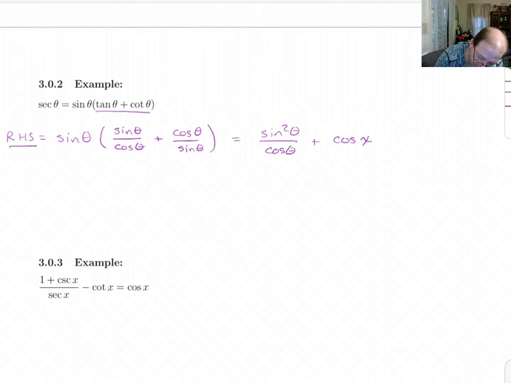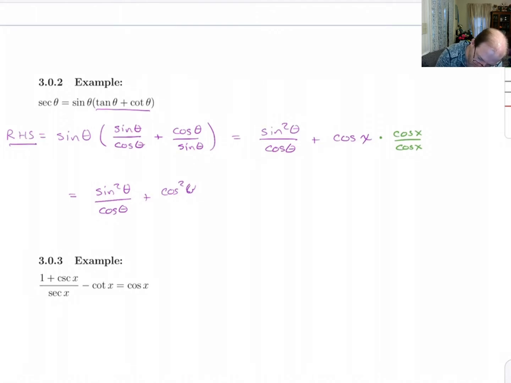So I'm going to multiply this side here by cosine over cosine. And so that gives me sine squared theta over cosine theta plus cosine squared theta over cosine theta. Over here my thetas became x's. That's not a huge deal, but I shouldn't do it.